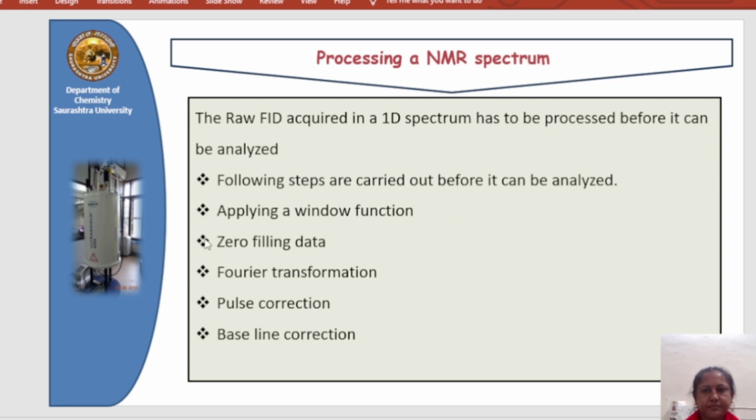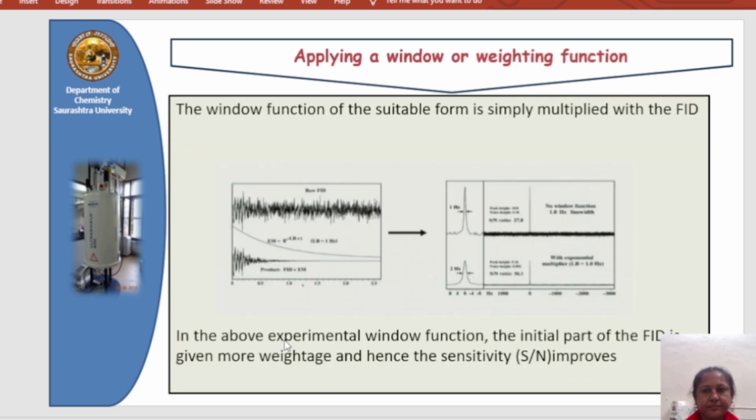The second is zero filling the data. Then Fourier transform, which gives the spectrum in the form of signals. Then pulse correction, and then baseline correction and phase correction. But in all cases baseline correction is not necessary.